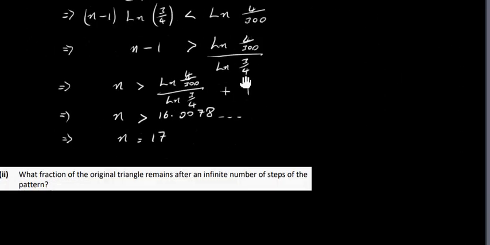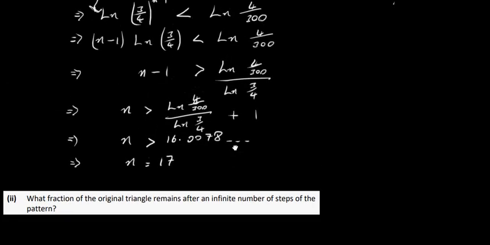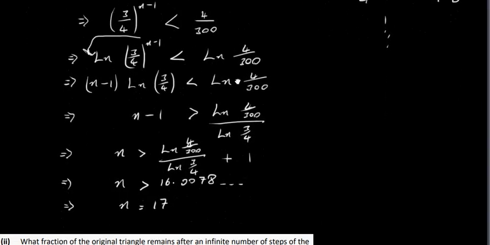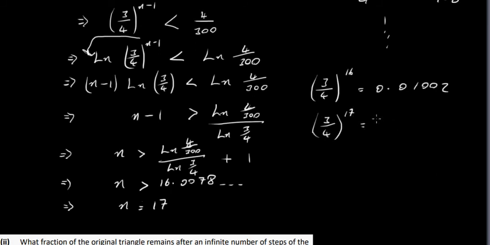Okay, so let's have a look at part 2 here. Oh by the way, again you can check this: you can put in 3/4 to the power of 16, put in 3/4 to the power of 17, and you'll find that if you have 3/4 to the power of 16, you'll actually get 0.01002, and if you have 3/4 to the power of 17, you get 0.007516.